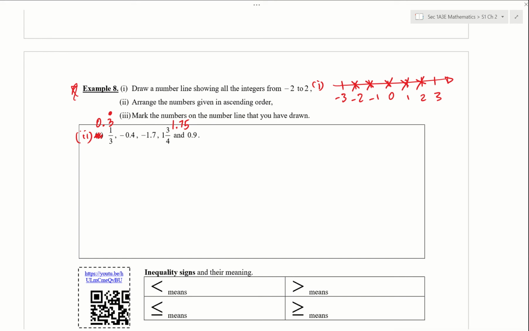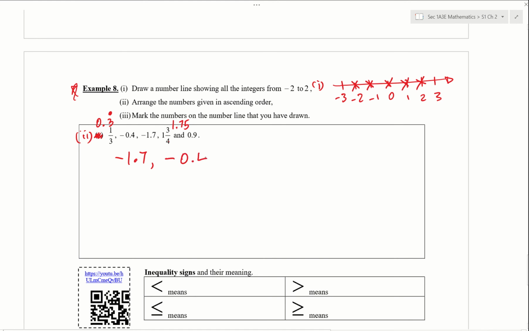With this, we are now able to arrange them from smallest to biggest quite easily. So here we have part 2, the smallest number, which obviously is going to be a negative number. Which one is smaller, negative 0.4 or negative 1.7? Negative 1.7. What is the next smallest number? Is it 0.4 or negative 0.4?